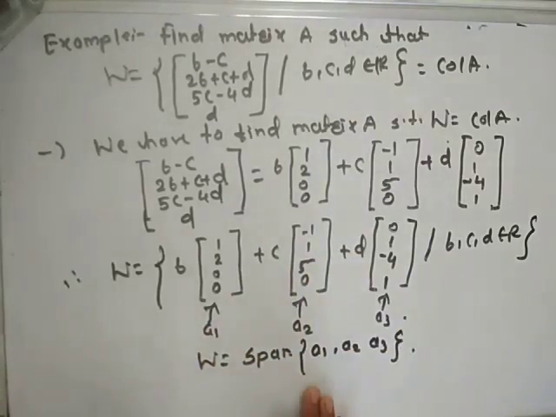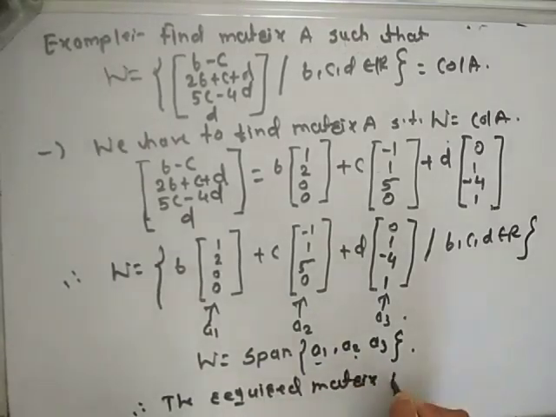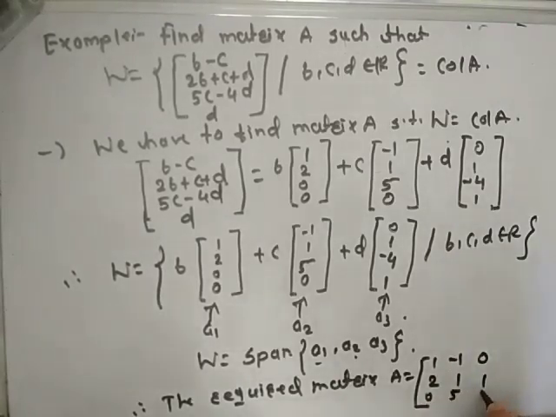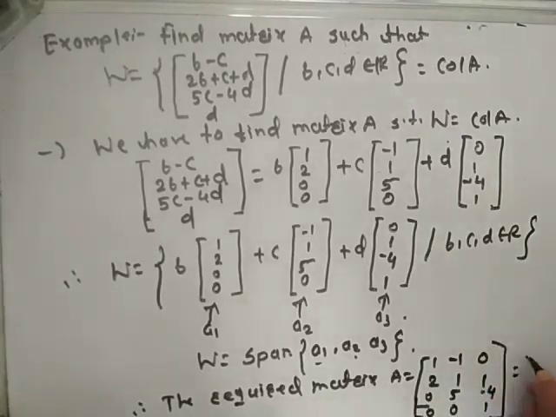W is the set of all linear combinations of A1, A2 and A3, and this W is nothing but the column space of matrix A. Therefore, the required matrix A is the matrix with rows 1, minus 1, 0; 2, 1, 1; 0, 5, minus 4; 0, 0, 1, which is equal to the matrix [A1 A2 A3]. This is the matrix A.